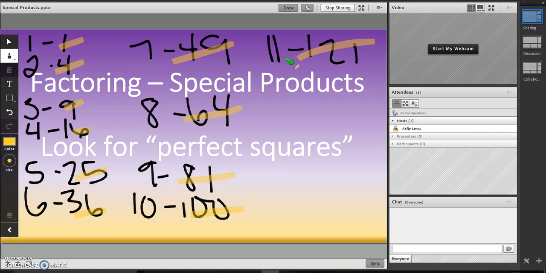So that's a perfect square because there are two numbers. When you multiply that number times itself, you get a perfect square.